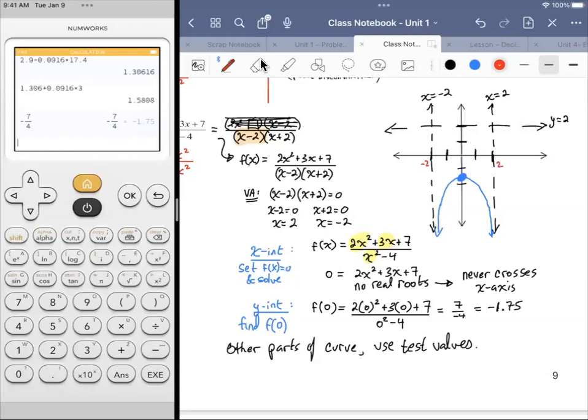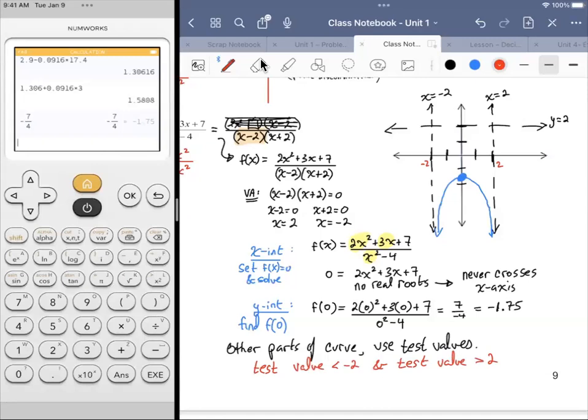So what I want to do is test a value that's less than -2, and test another value greater than +2. Doesn't matter what it is, but obviously the simpler you keep it, the easier it's going to be. All right. So, because we already know what's happening in between -2 and 2.